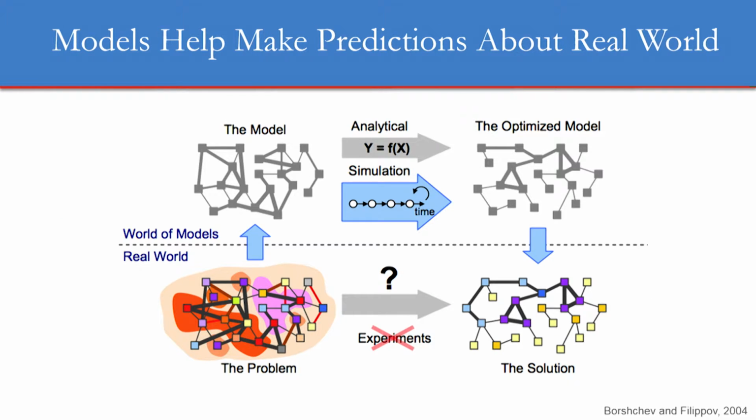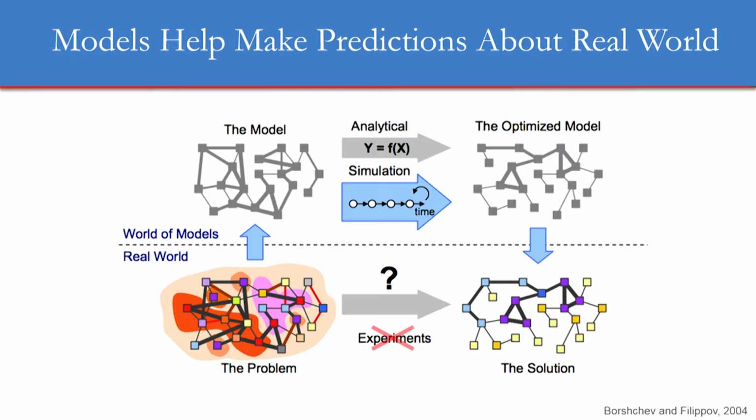This figure further illustrates the role of models. Consider the real-world situation where we have a problem that needs to be evaluated. This is presented in the bottom part of the figure. The ideal way would be to experiment with several ways to find an optimal solution. But here, the experiment is not feasible. So what do we do? We go to the world of models for assistance, which is presented in the top part of the figure.